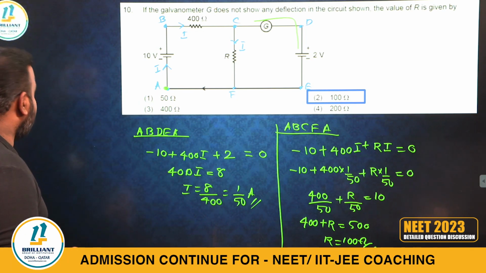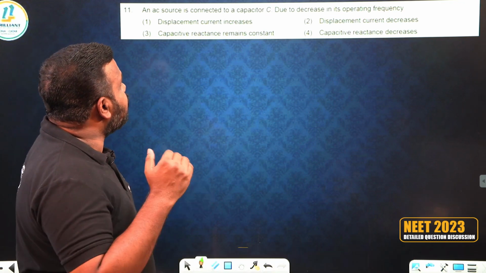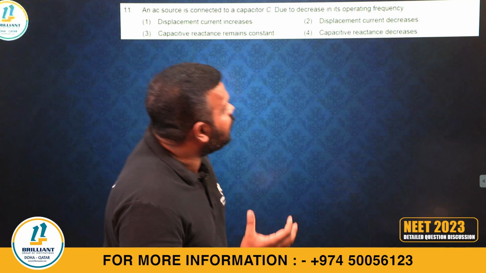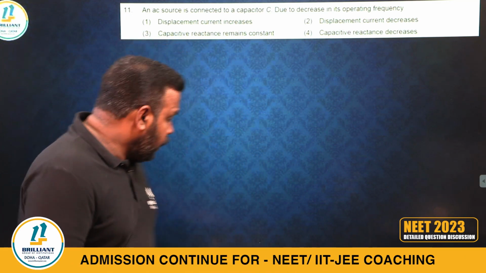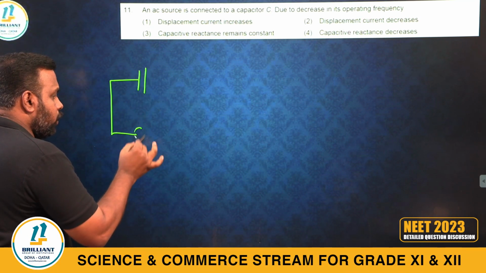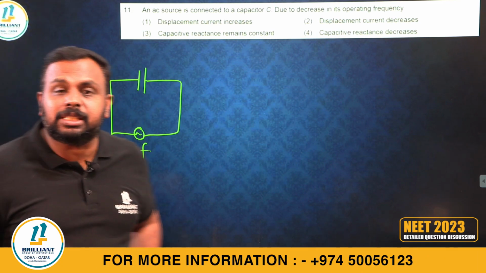Right. Question number 11. An AC source is connected to a capacitor C. Due to a decrease in its operating frequency... So this is an AC circuit with a capacitor. Look at this, capacitor connected to an AC source. We are decreasing its frequency, right? Frequency is decreasing.